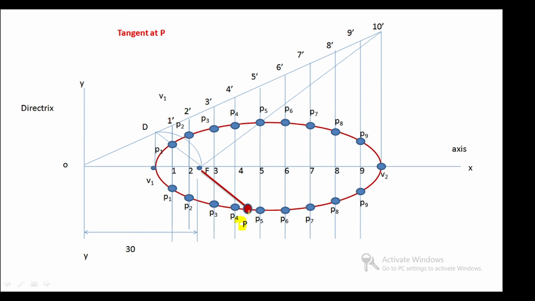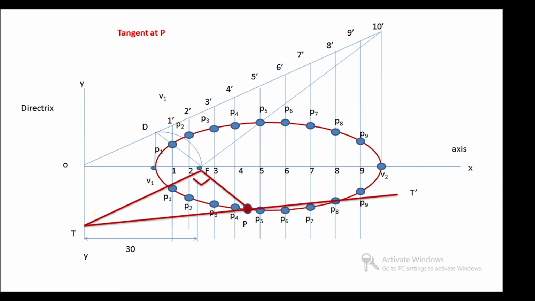Next, draw a line perpendicular to FP, cutting the directrix, where it touches the directrix. Mark it as point T and connect T and P. You got the tangent line, T dash.